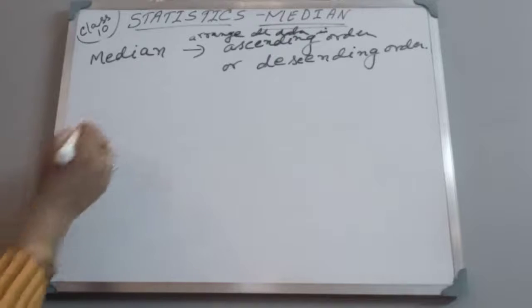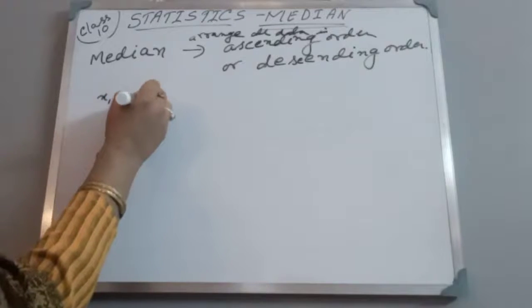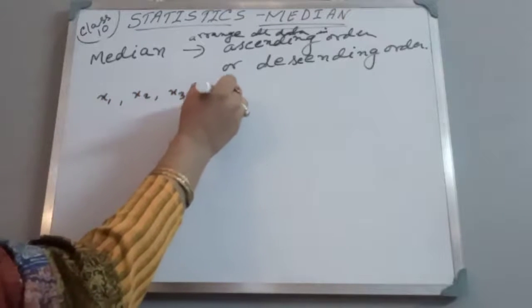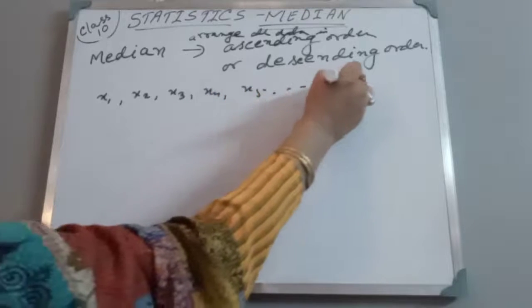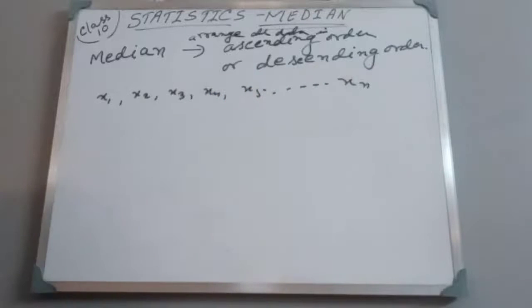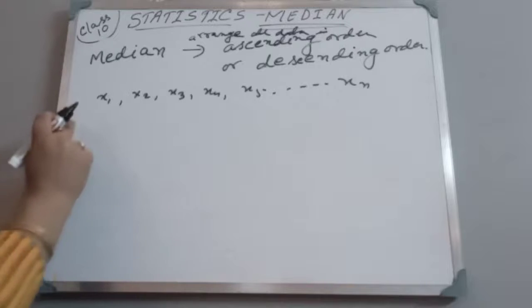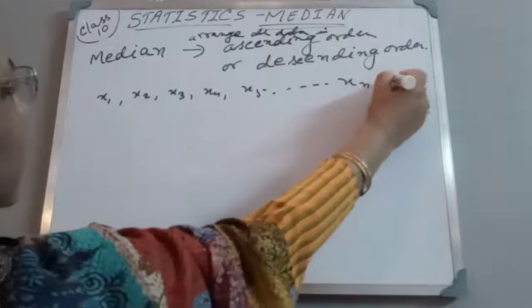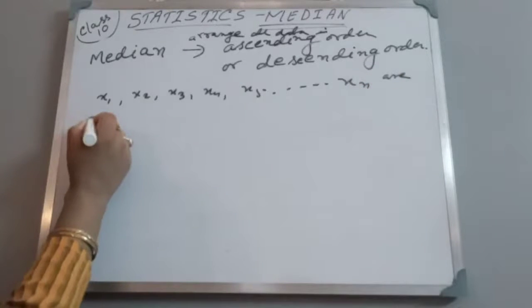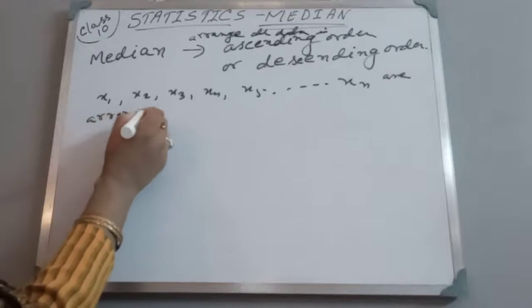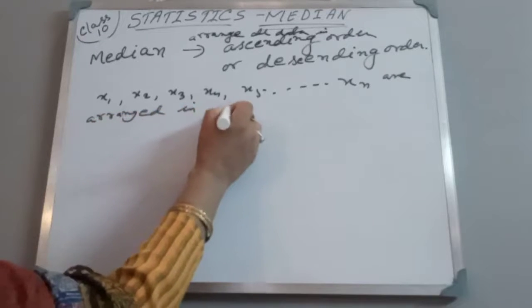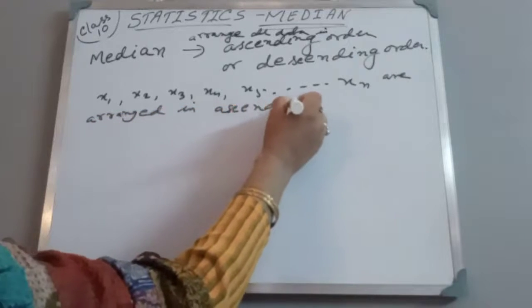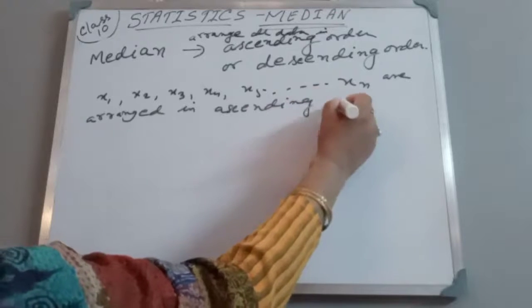Okay, so say the values are x1, x2, x3, x4, x5 and so on, say there are n number of values, and these n values are arranged in ascending order.